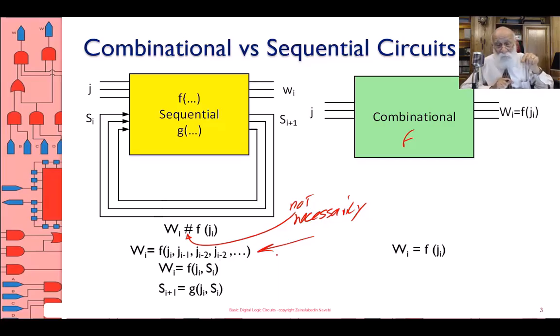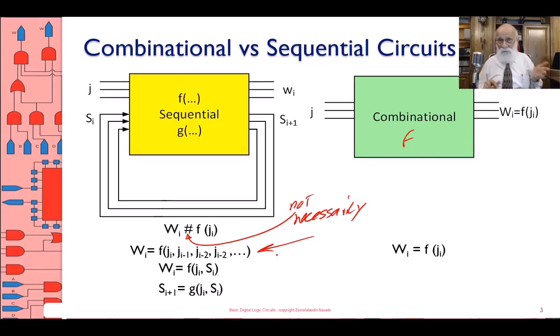The present output is a function of the present input, an input a second ago, an input 2 seconds ago, an input 3 seconds ago, and inputs since my circuit was ever created.